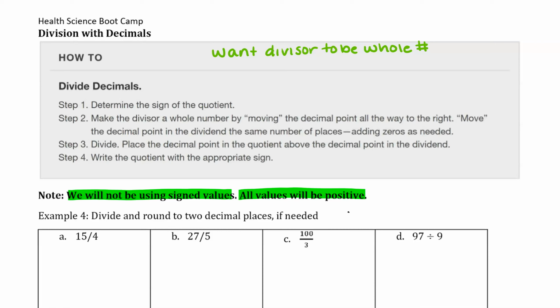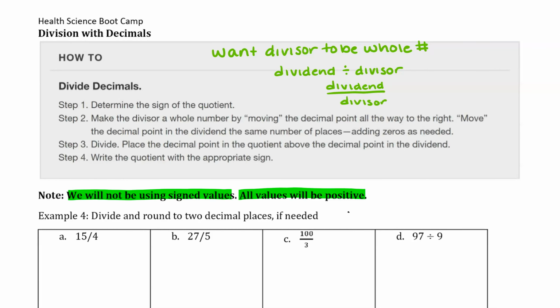be a whole number. So remember, it's dividend divided by divisor, or if we write it as a fraction, dividend divided by a divisor.